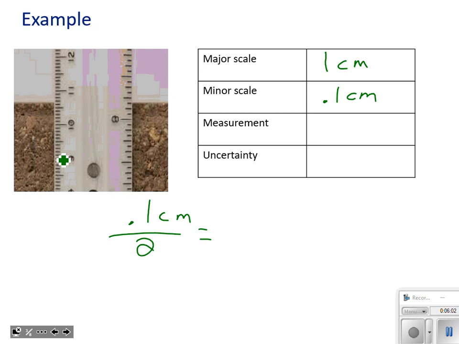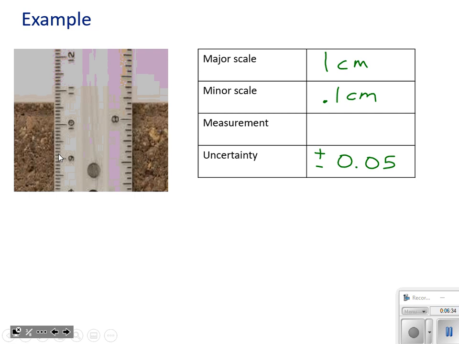So 0.1 divided by 2 is going to give me 0.05. So my uncertainty, ladies and gentlemen, is going to be plus or minus 0.05. So I have now calculated the uncertainty of that ruler.